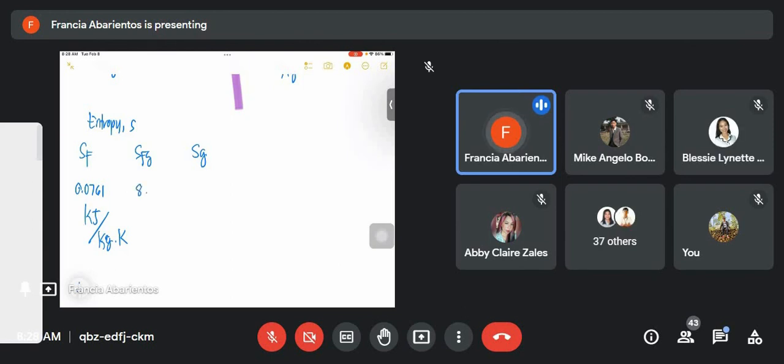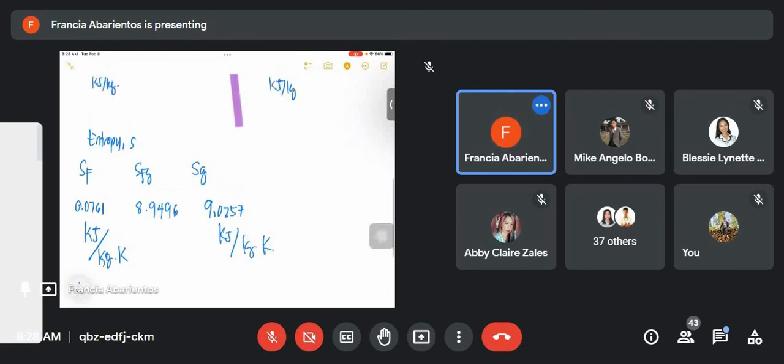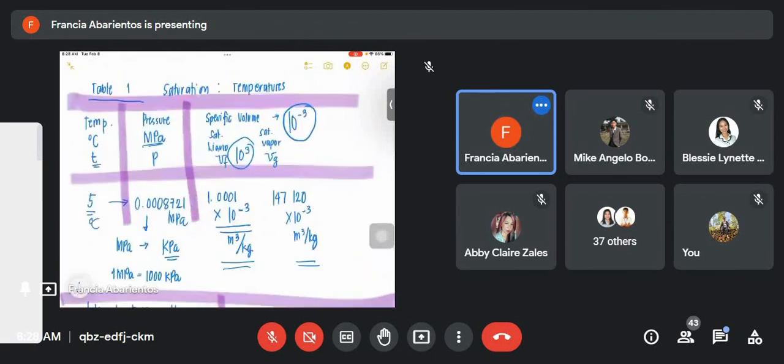And the SFG is 8.9496 and 9.0257 kilojoule per kilogram Kelvin. So this is just an example of table 1, class. Pag ginamit natin to, this is the saturation temperatures.